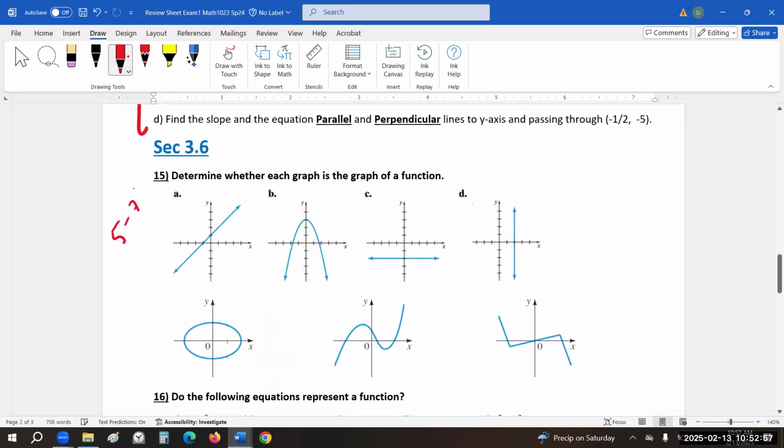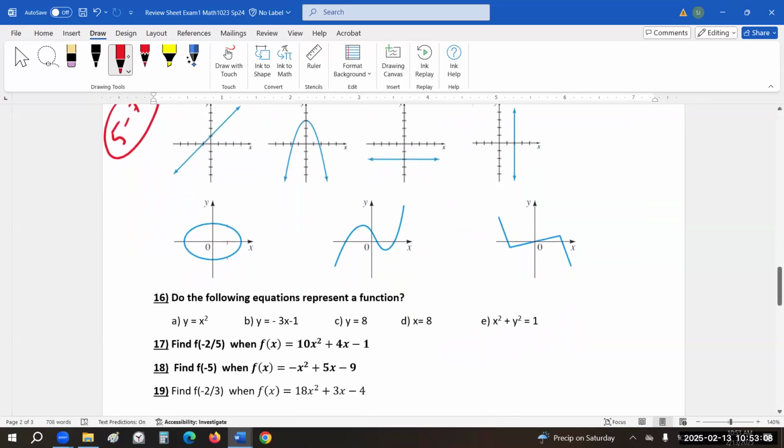Around 5 to 7 of these: identify whether the graph represents a function or not. 3 to 6 of these where you have to write whether this equation represents a function or not and why.